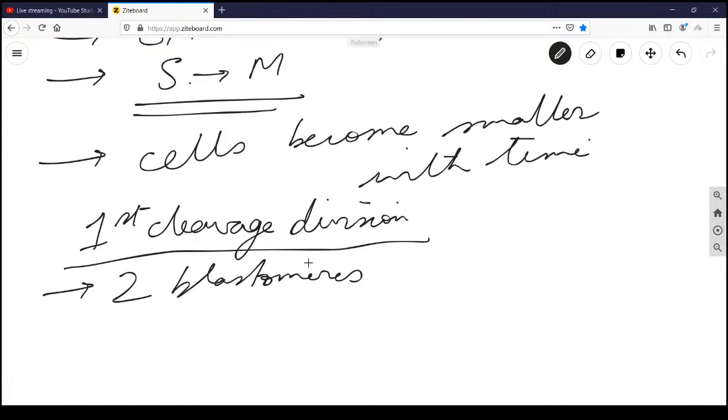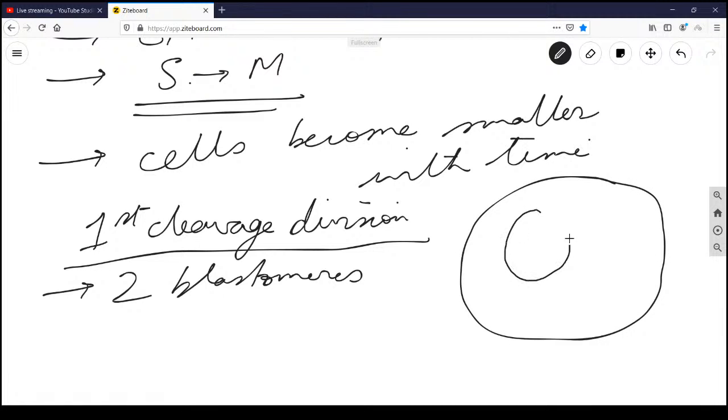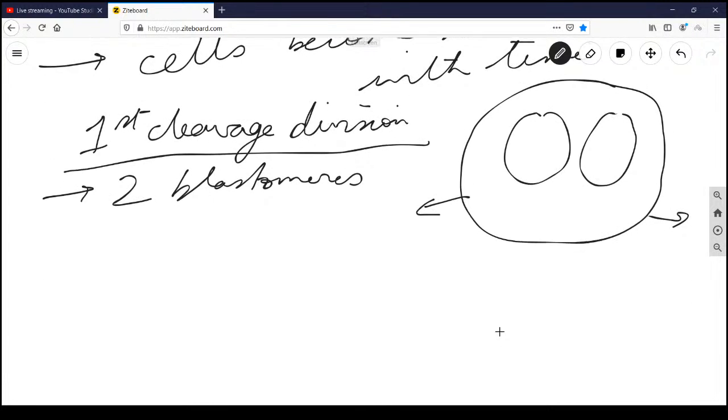Now the embryo has double the DNA content of the zygote, and no real growth of the entire cell has occurred. The two blastomeres together are approximately the same size as the zygote, meaning zygote growth has not occurred here. The blastomeres keep on increasing, but the length or diameter of the zygote stays the same. It doesn't grow to accommodate, so the cells will become smaller.